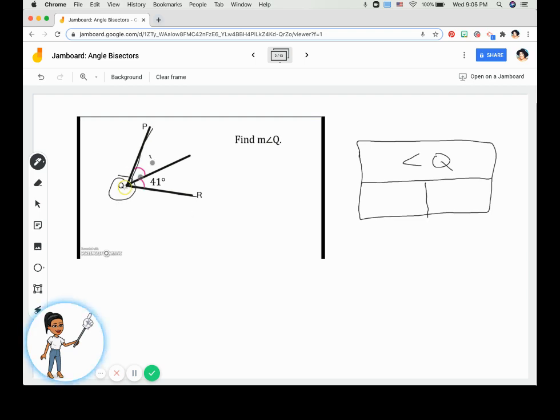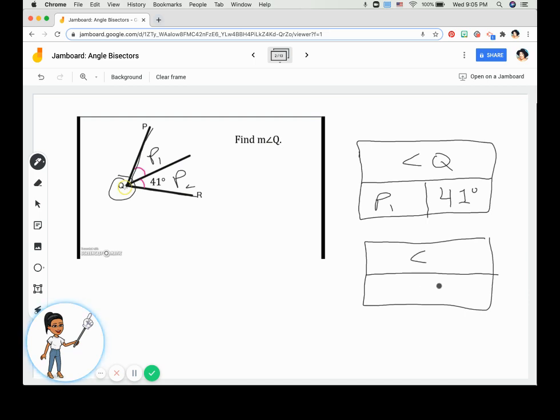And then I have part 1 and part 2, where part 1 is not given yet, and part 2 is 41 degrees. But I know that because this is an angle that is being cut in half, I know that 41 degrees, this is also 41 degrees because they are two equal parts.